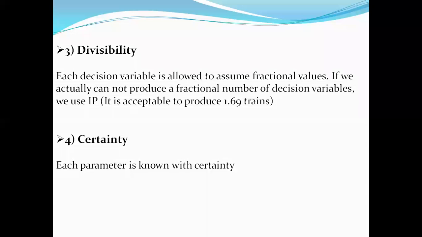Moving on to the fourth assumption, that is certainty. Each and every parameter will have a clear cut objective. So certainty needs to be analyzed initially. These are the four different assumptions to be carried in this linear programming technique while we utilize it to solve any kind of problems.